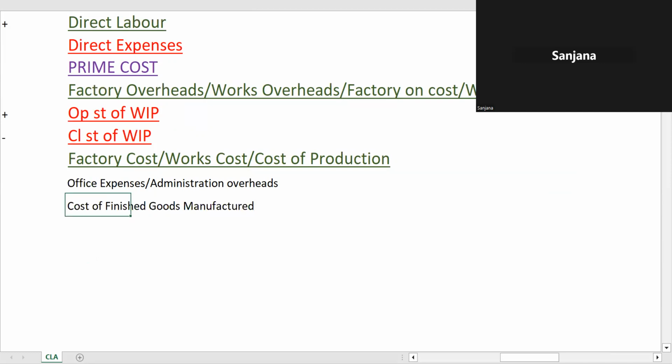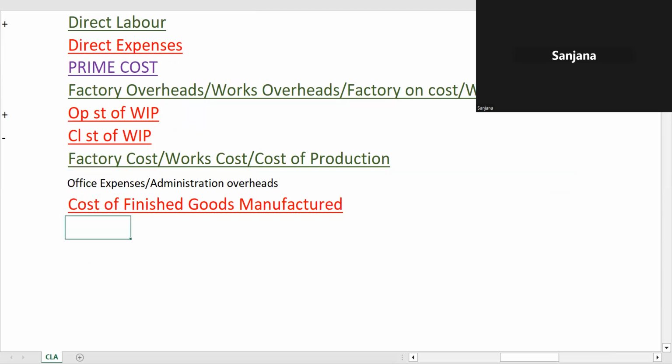We call it cost of finished goods manufactured, putting it here. And then what you can do is take opening stock of finished goods, FG, minus closing stock of finished goods, right?